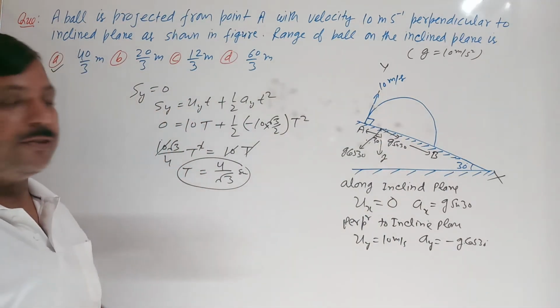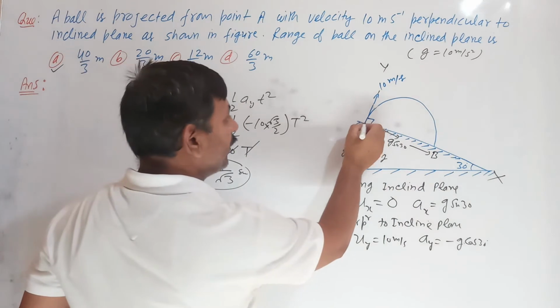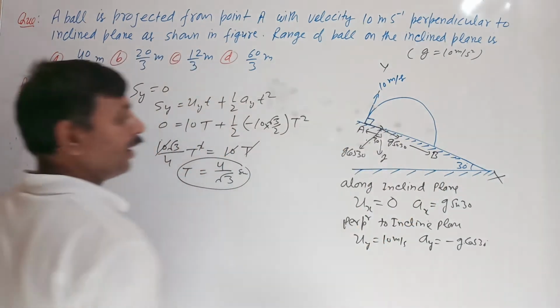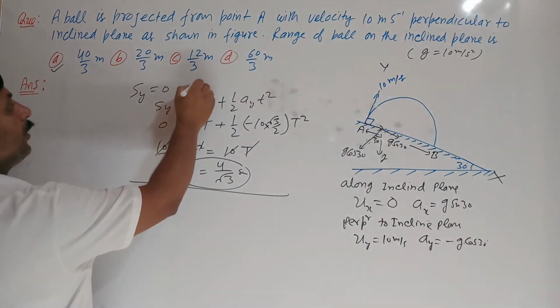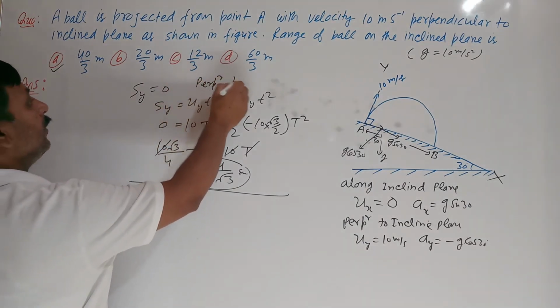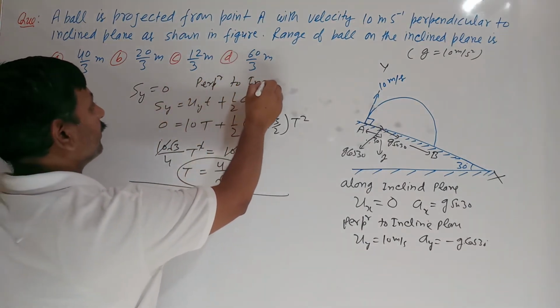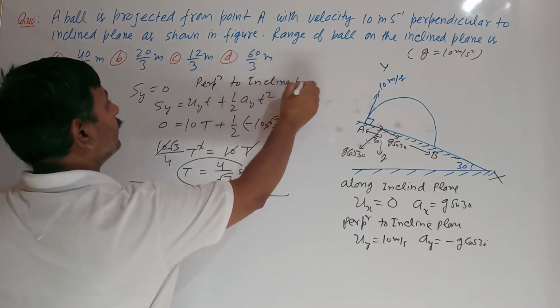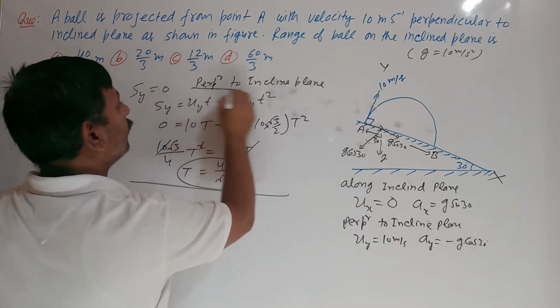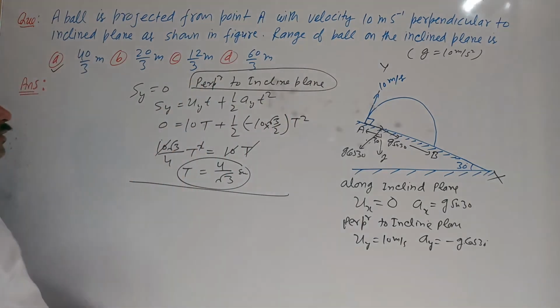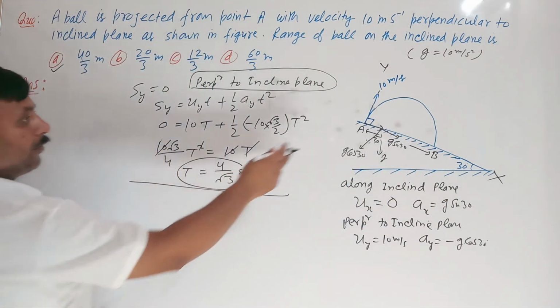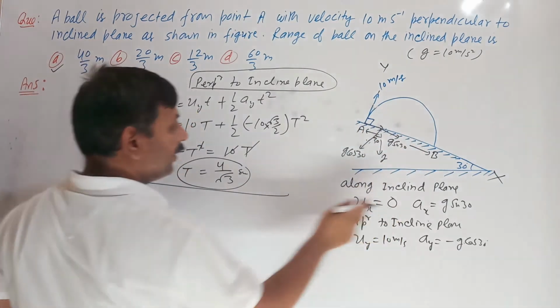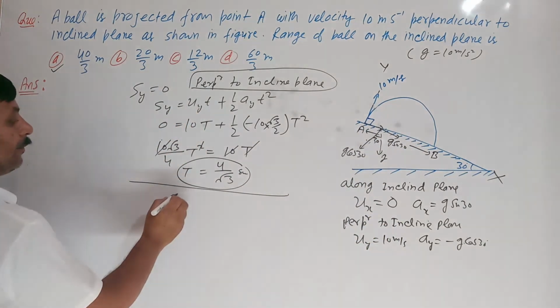So what will be the range? Horizontal motion, meaning motion along the inclined plane. This motion I had taken perpendicular to the inclined plane. This time I am taking along the inclined plane. So along the inclined plane, initial velocity is 0.